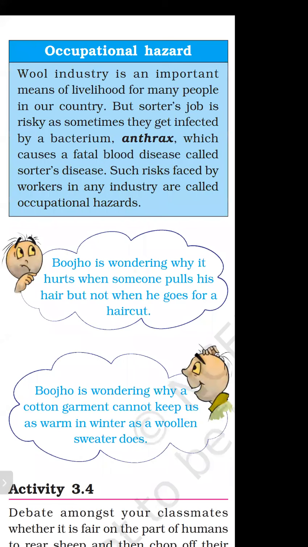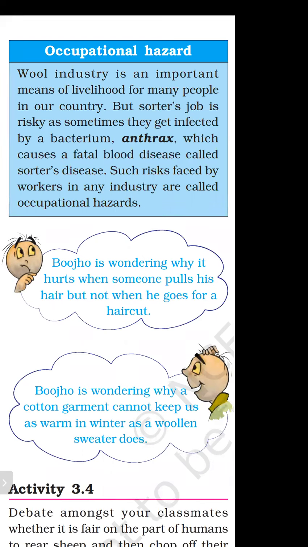It has some risk because in the hair of the sheep there is some bacteria, known as anthrax. Due to this anthrax bacteria, a disease related to breathing is caused.